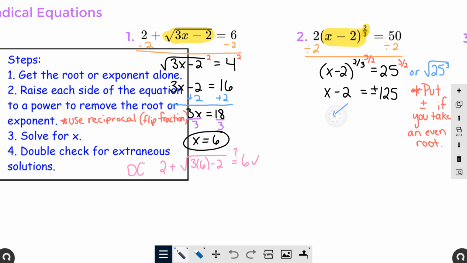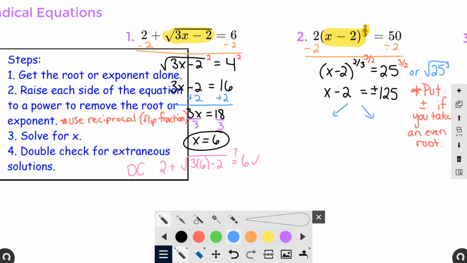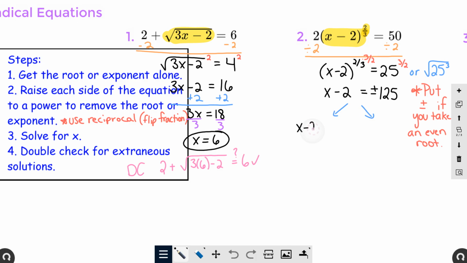So this particular problem is going to end up having 2 answers because of that plus or minus. So we're going to end up with x minus 2 equals 125, and x minus 2 equals negative 125. So you end up with 2 different answers if you have that even root.